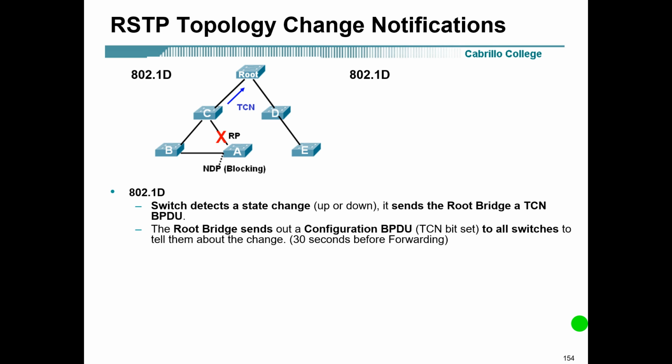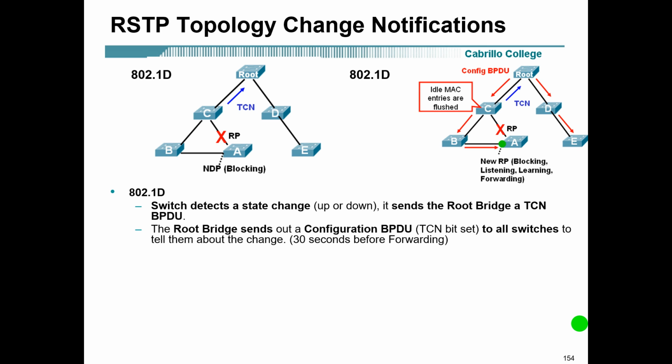The root bridge sends out a configuration BPDU to all switches to tell them about the change, 30 seconds before forwarding, and you'll notice here it will actually forward through B to A, thus changing that NDP to a new RP.